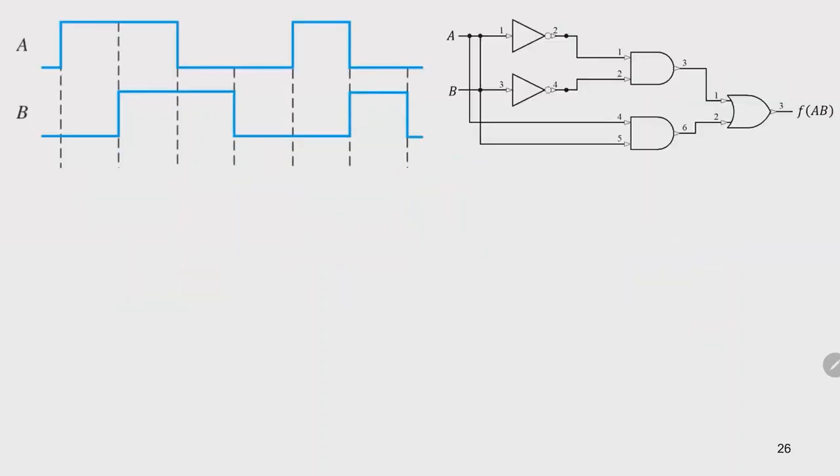How about this? When it gets more complicated, this is a combination of logic. Again, we can look at it stage by stage. I got my A, and this is my A bar. So I can start working out A bar.